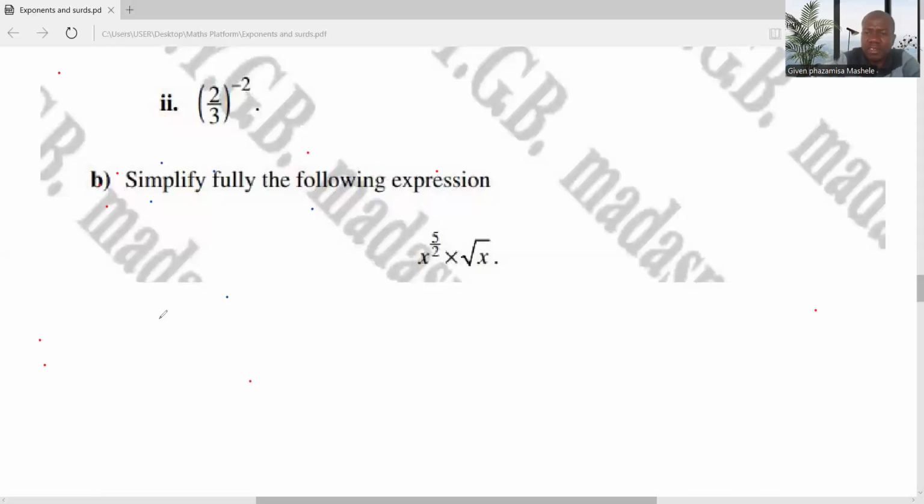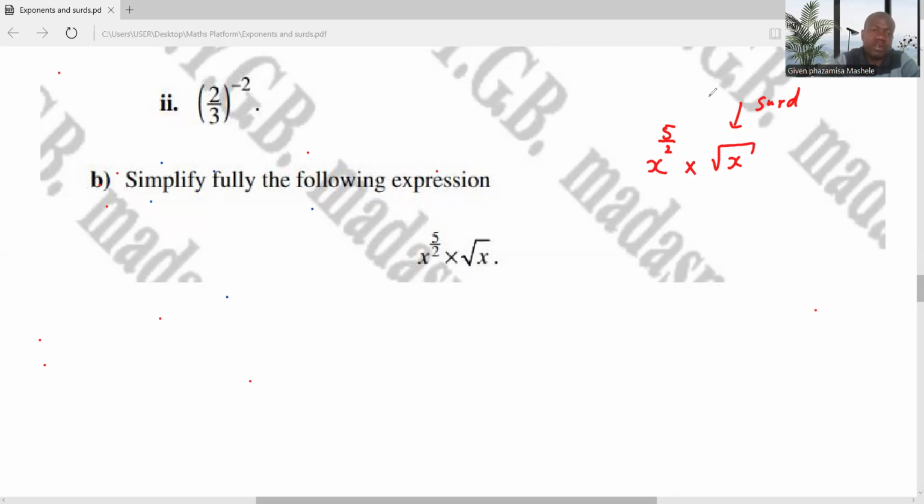Number B, it says we have x to the power 5/2 multiplied by the root of x. So you see now, this is a surd. It's a radical expression. And how do we deal with this?